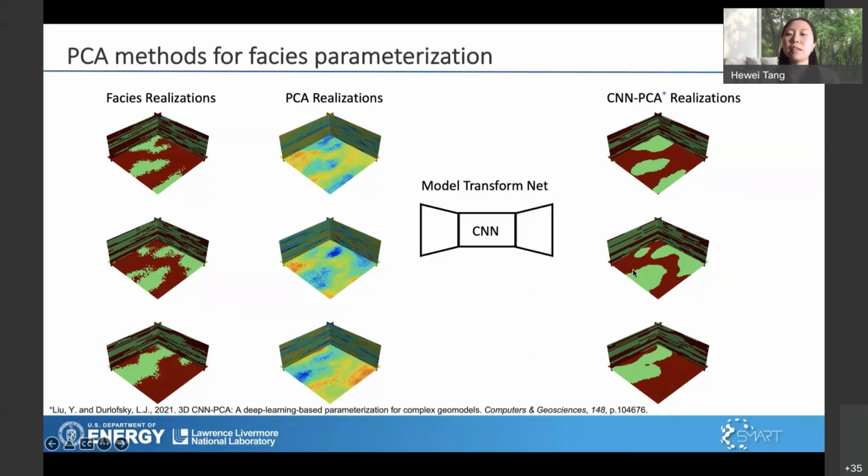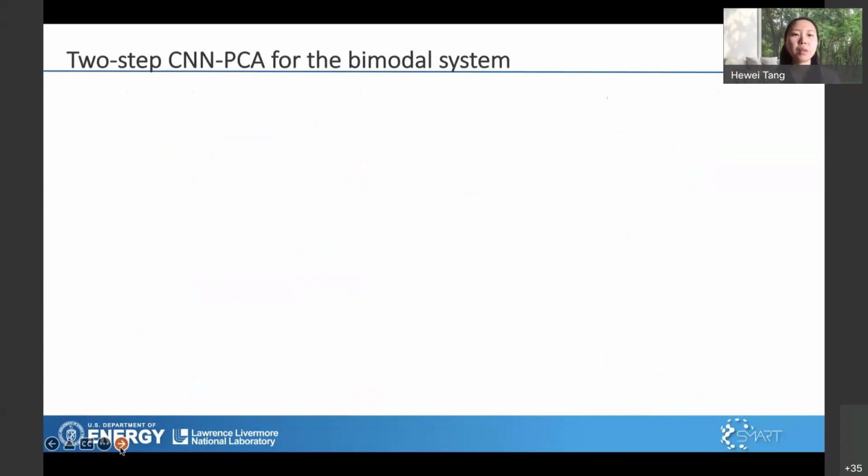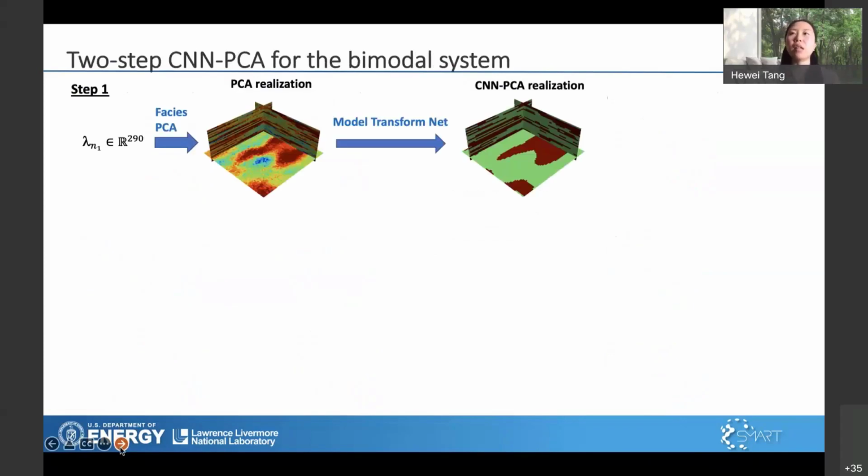We like this method because we did flow testing on different methods, and this method gave us the best flow testing results, which means it honors the flow behavior of the initial ensemble realizations the best. So we now have a method to reduce the facies distribution to a lower parameter space, and we can also generate new facies distributions from a lower latent parameter space.